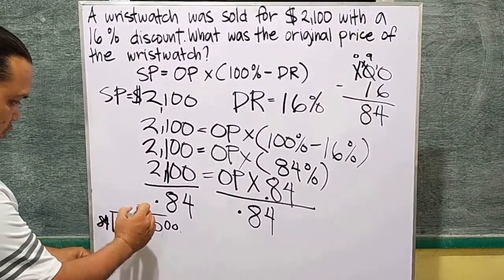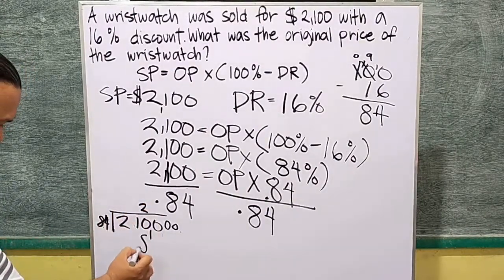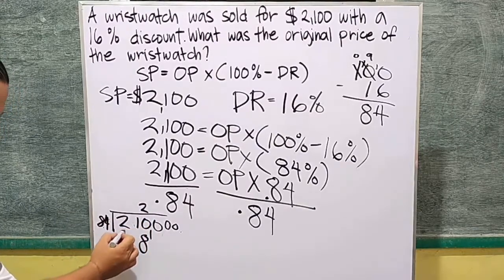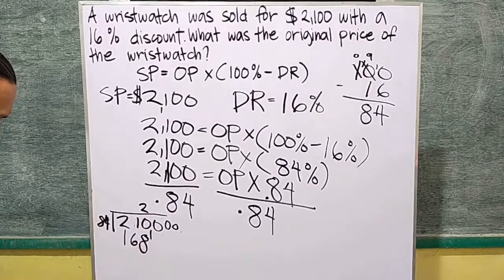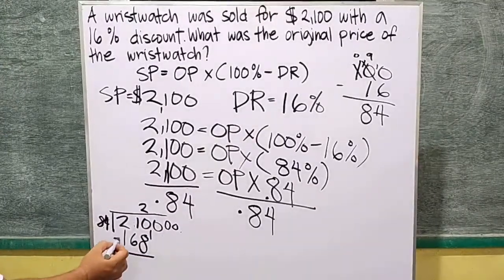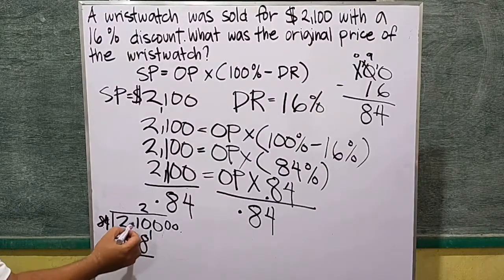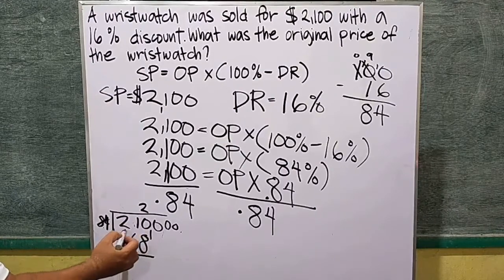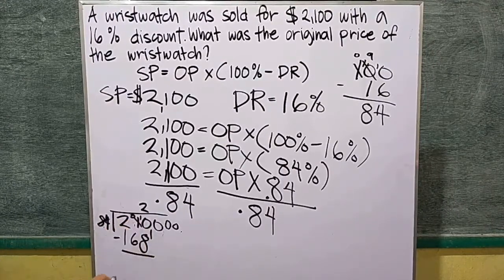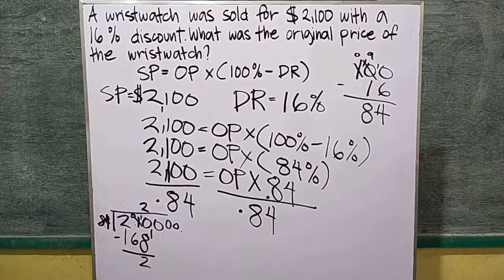Now 2 times 4 is 8. 2 times 8 is 16. So we have 1 and 6. So let's subtract. 0 minus 8 cannot be, so 0 must borrow 1 from 1. 1 will become 0 here, 0 will become 10. Now 10 minus 8 is 2.